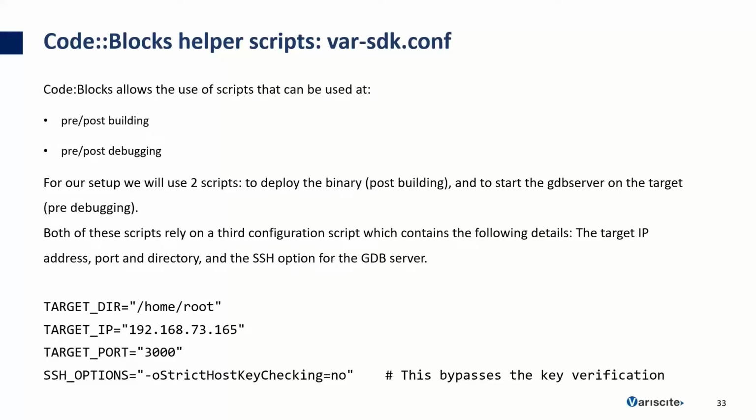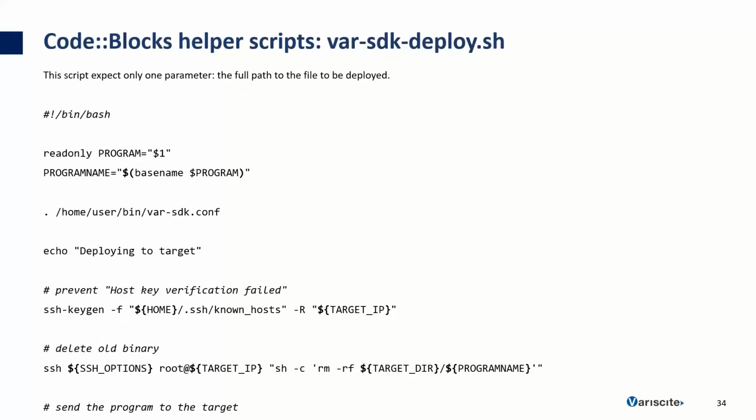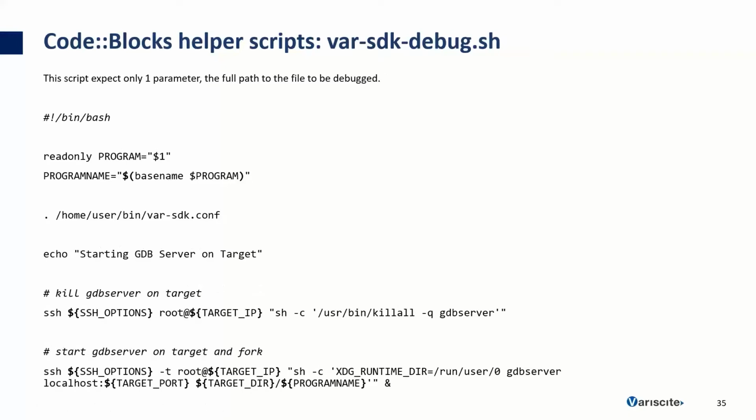Okay, this is just a configuration file. Actually, it's not a script, but it will be used to create the deploy script that basically is in charge to copy the file. It's mainly an SCP, and it will prevent the auth verification and will copy the file to the target.